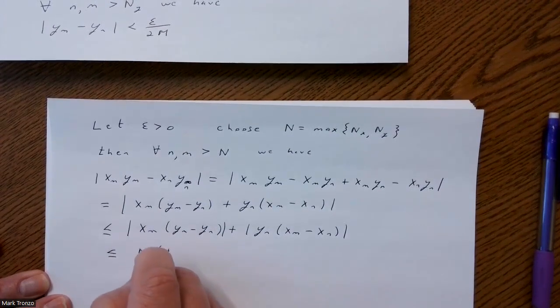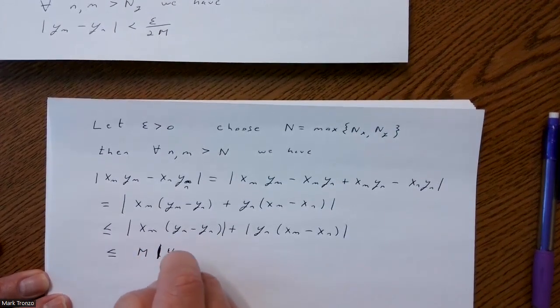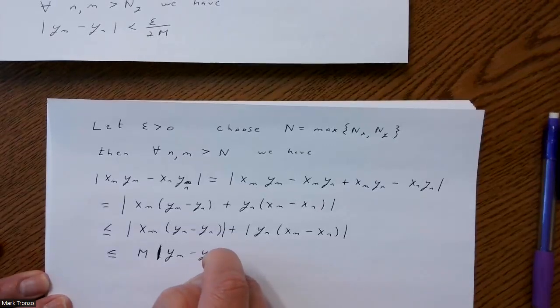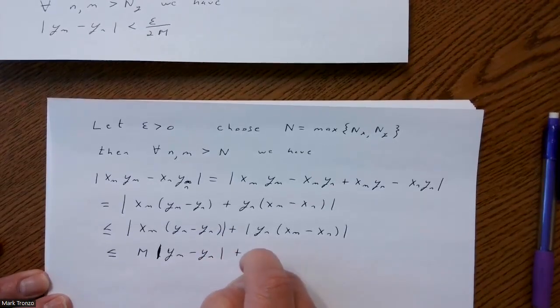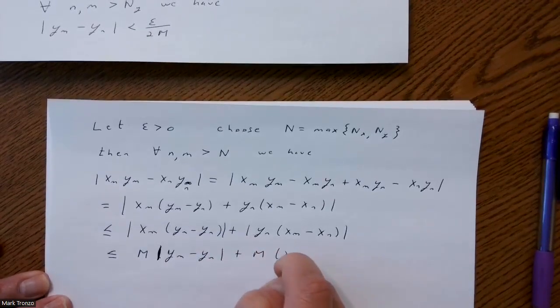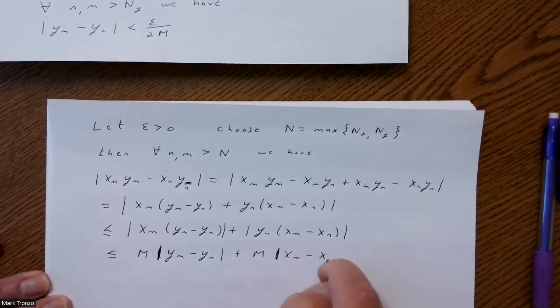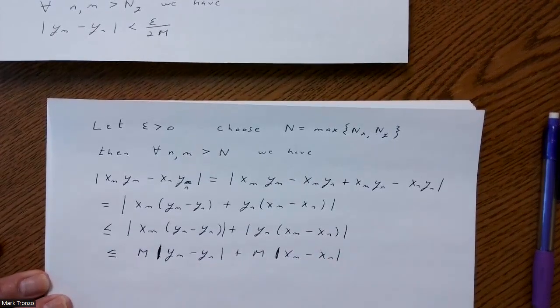And then I had to put that absolute value here, |y_m y_n + x_m x_n|.